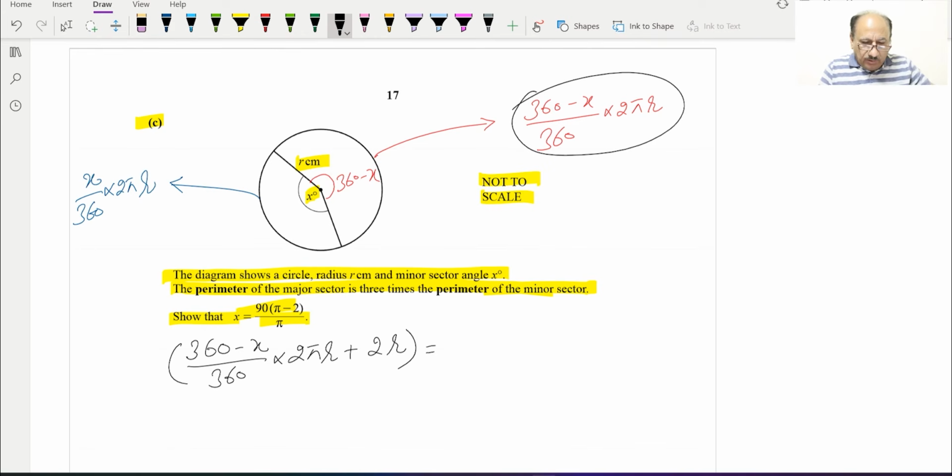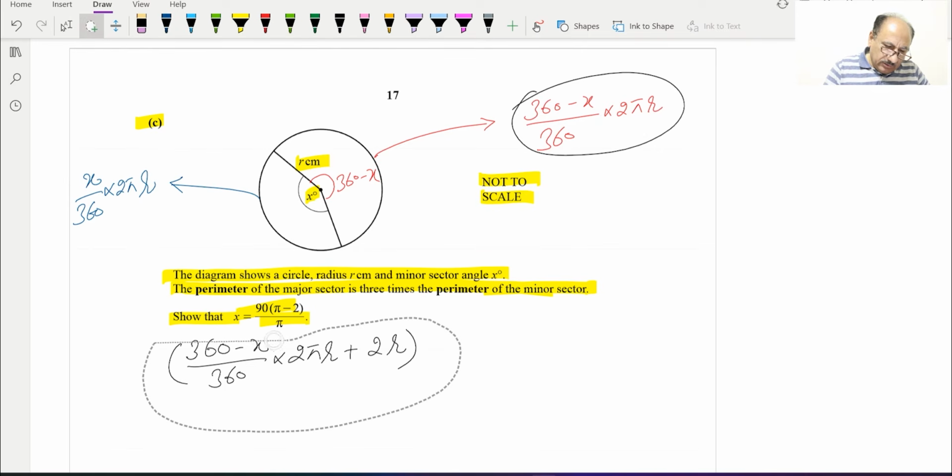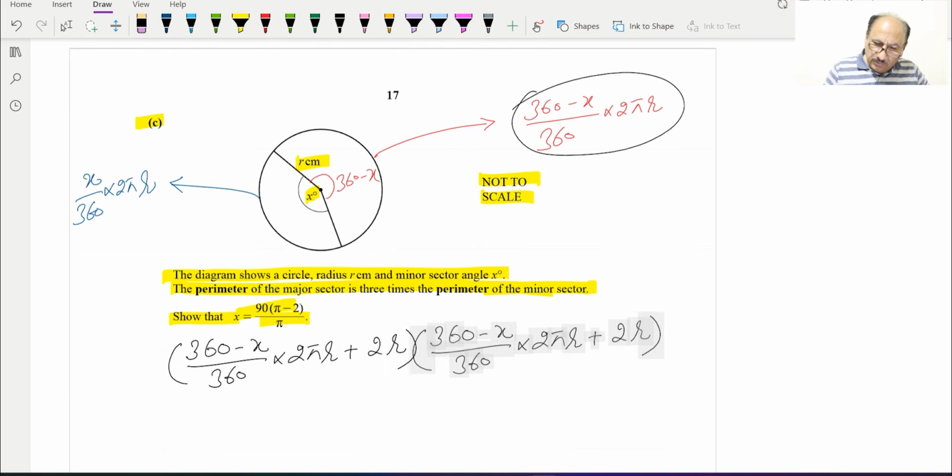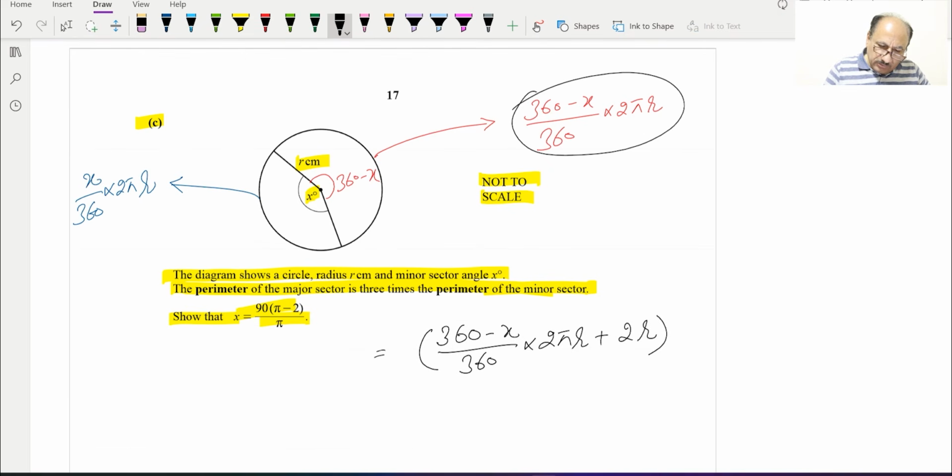So we multiply this. We can write this minor arc over here. So this is equal to 3 times the minor arc, which is x over 360 into 2 pi r, plus 2r, again the 2 radii we are adding.